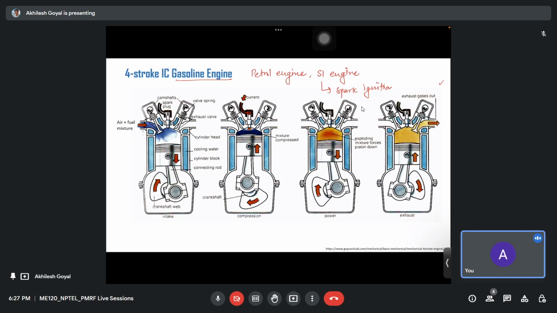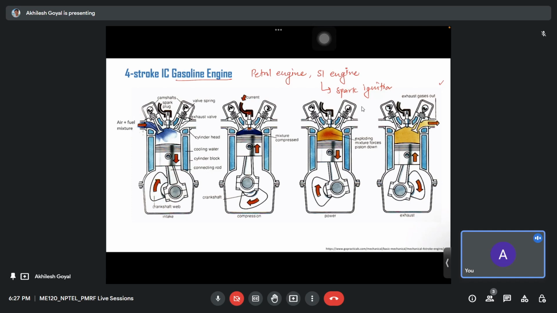Due to this, the hot combustion gases that have already expanded start moving out through the exhaust manifold, and as the piston moves upward, all the combustion products go out of the exhaust manifold. So this is how a four stroke engine works, and these four strokes are the intake stroke, the compression stroke, the power stroke, and the exhaust stroke.